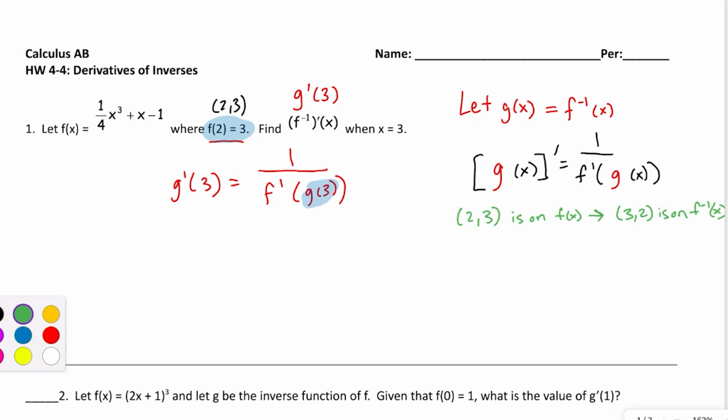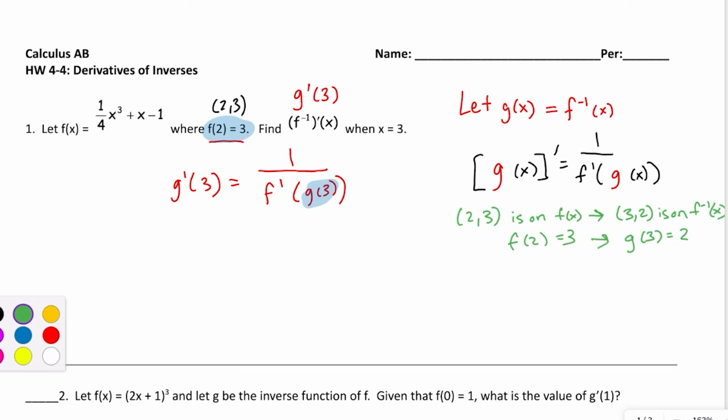Again, sorry for the bell. So 3 comma 2 is on the inverse of f. So what that means is that g of 3 is 2. Because remember, g we're letting be the inverse of f, whereas f of 2 is 3.